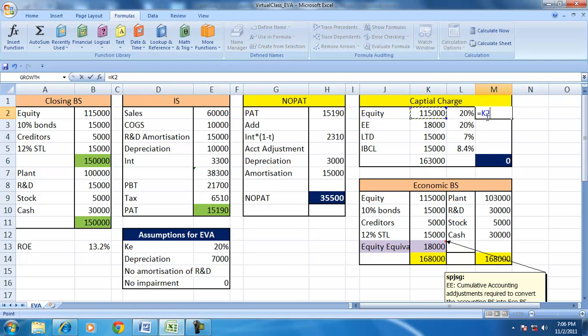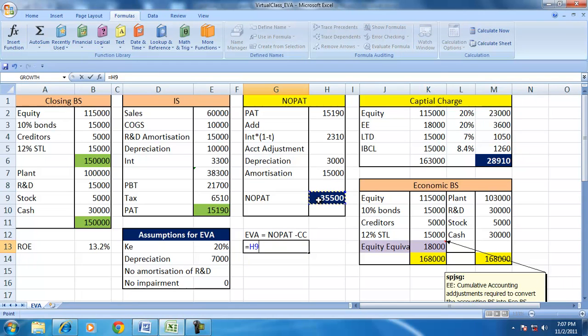So therefore the capital charge will be 30,600, 1,050, 1,260, so 28,910. So EVA is equal to NOPAT minus the capital charge.